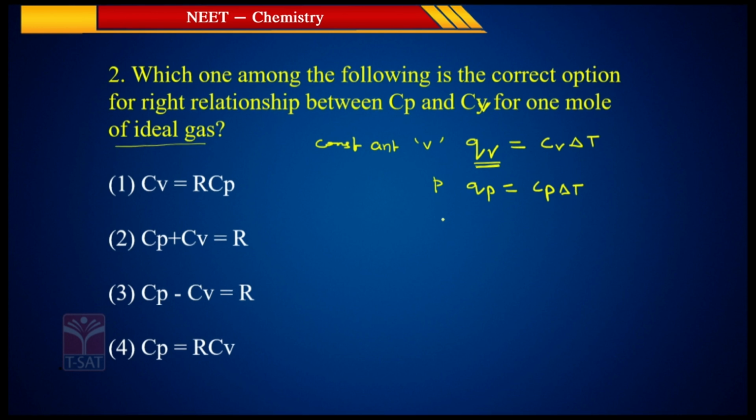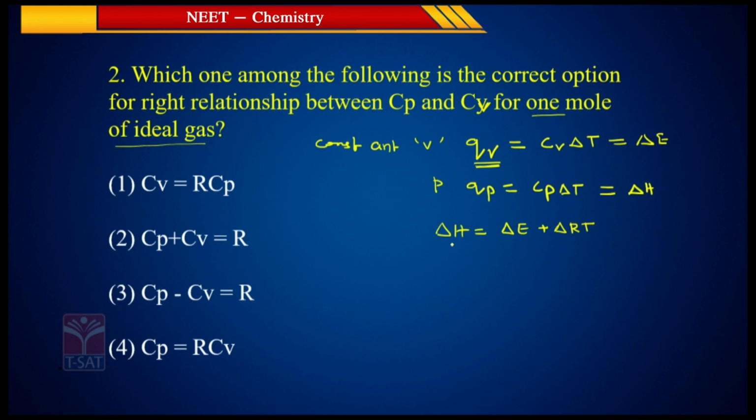We know one more relation also: delta H is equal to delta E plus delta nRT, where delta n is 1 mole, so it is RT. At constant volume, heat is equal to the change in internal energy; at constant pressure, it is equal to the change in enthalpy, right?